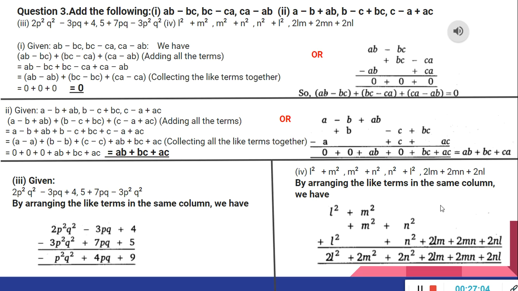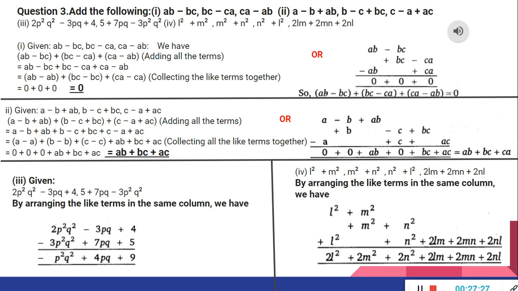N square plus N square, 2N square. Remaining only one time is there. 2LM, there is no like term, isn't it? Like as 2MN, same. 2NL, same. So the same will be the answer. 2L square plus 2M square plus 2N square plus 2LM plus 2MN plus 2NL.